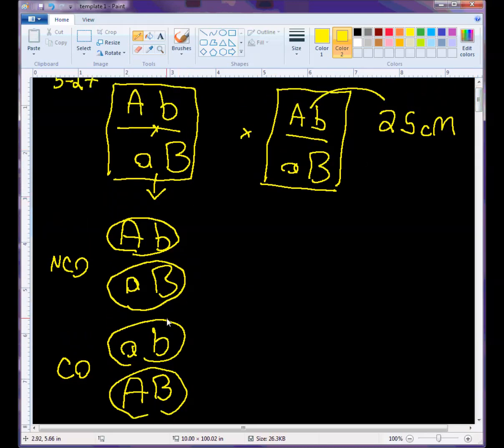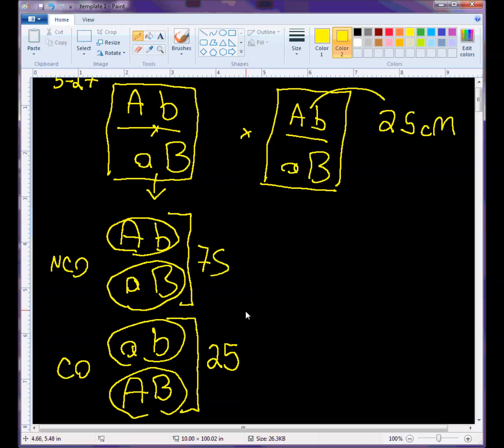So out of, let's say, 100 gametes, 25% of them should be recombinant. So 25% of 100 is 25. 25 of them should be crossover gametes, and 75 would be non-crossover gametes.